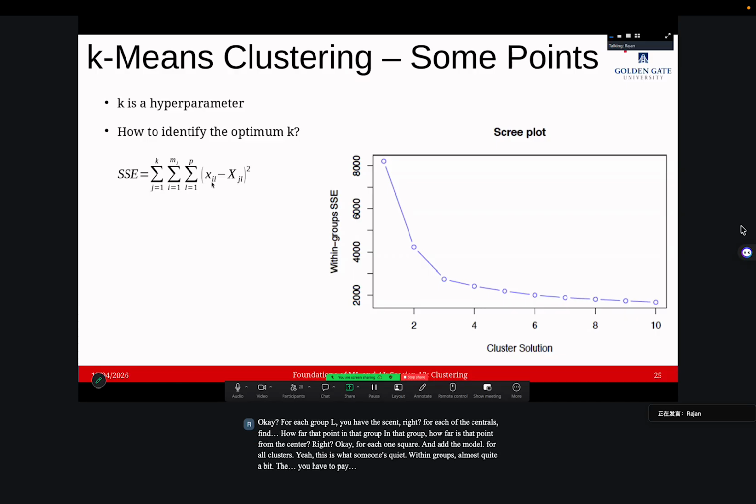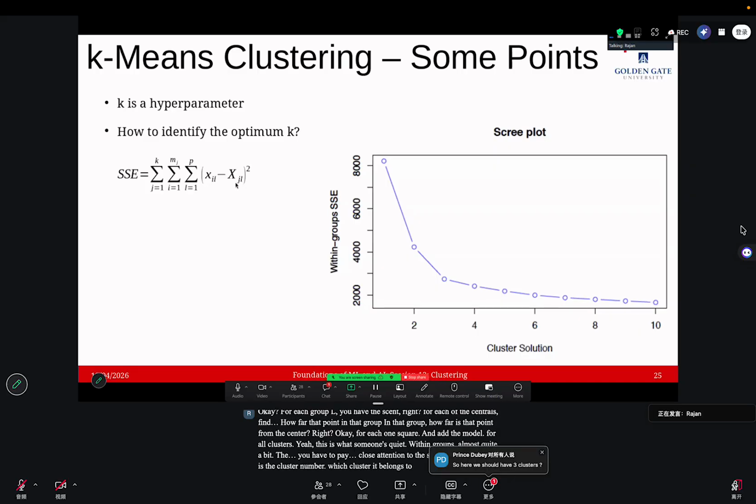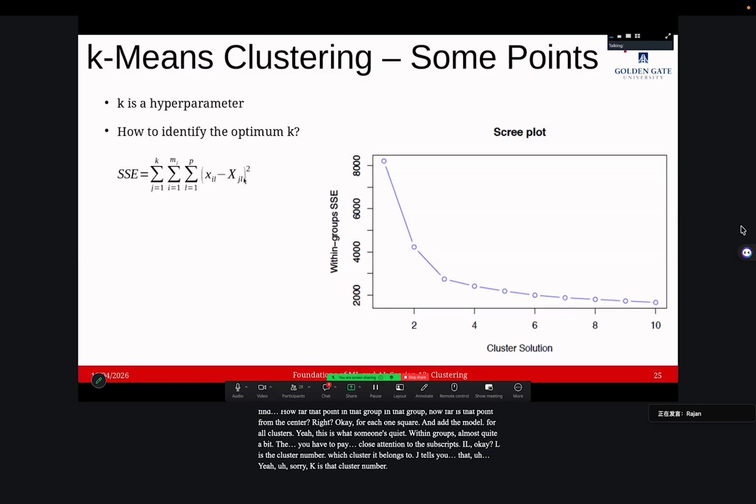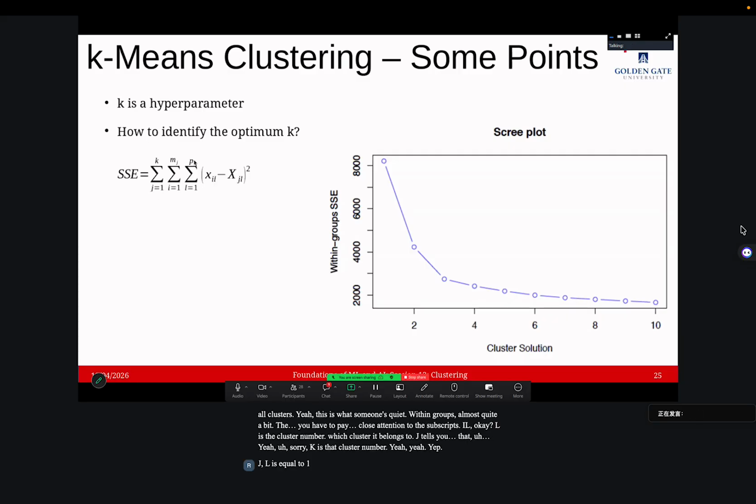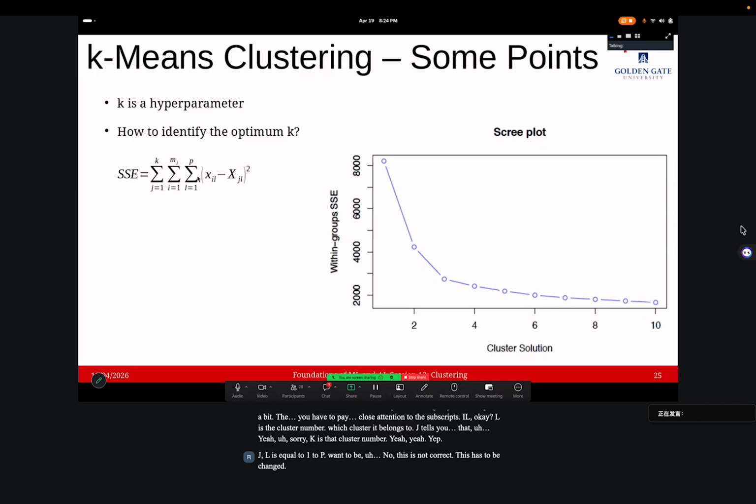You have to pay close attention to the subscripts. K is the cluster number. Sorry, this is not correct, this has to be changed. Let me do this.